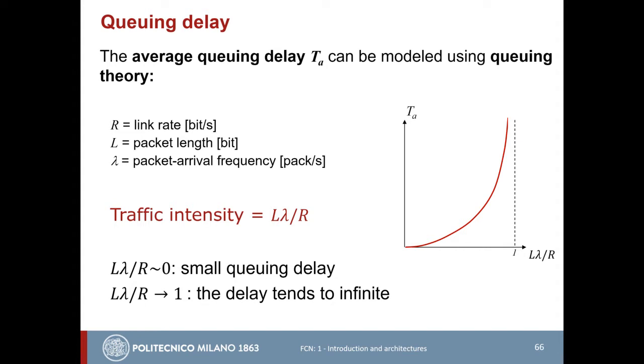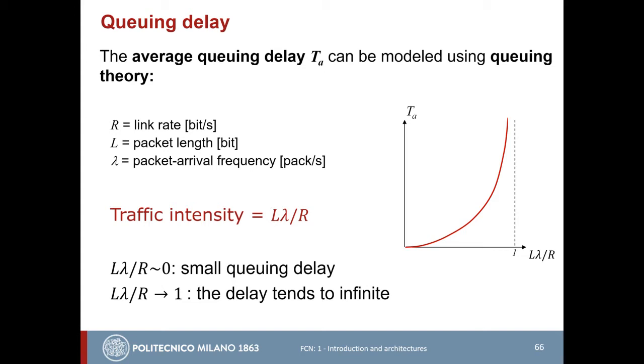When the traffic intensity is small, we expect a small queuing delay, while we expect this queuing delay to get larger when the traffic intensity increases.